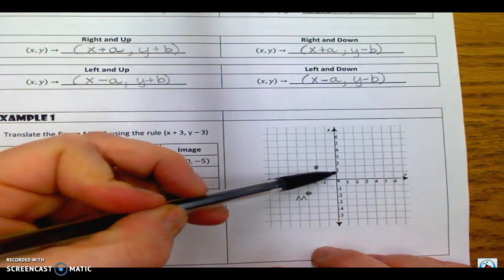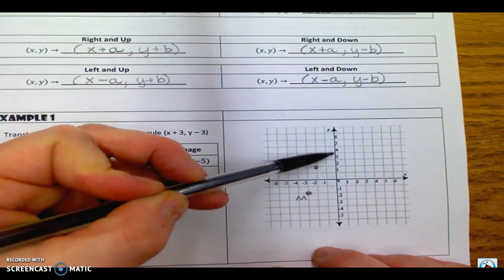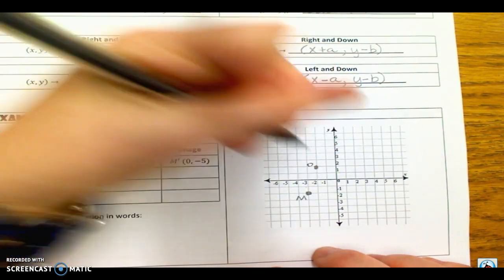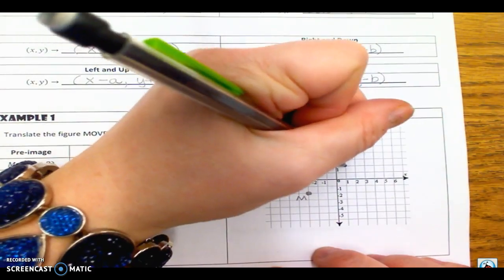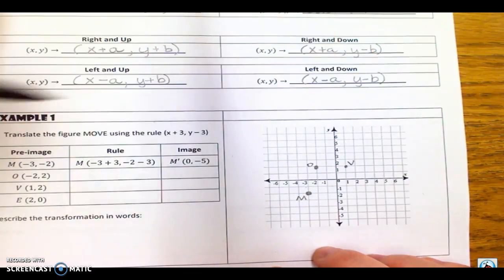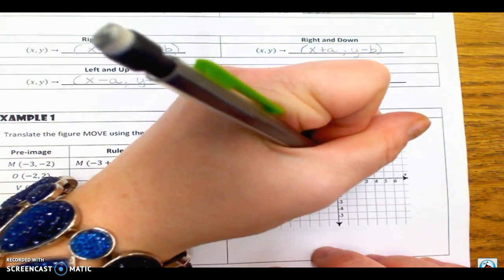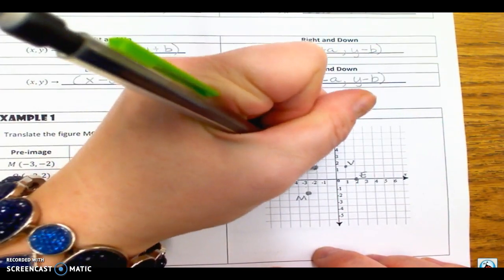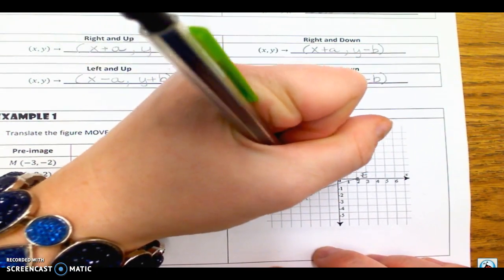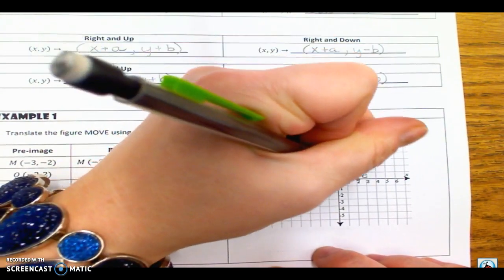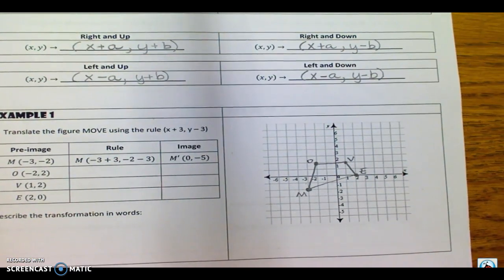Be careful here, these are a little off their lines. The number's above it. So that's O. And we have 1, 2, that's V. And 2, 0 is E. So there's our shape.